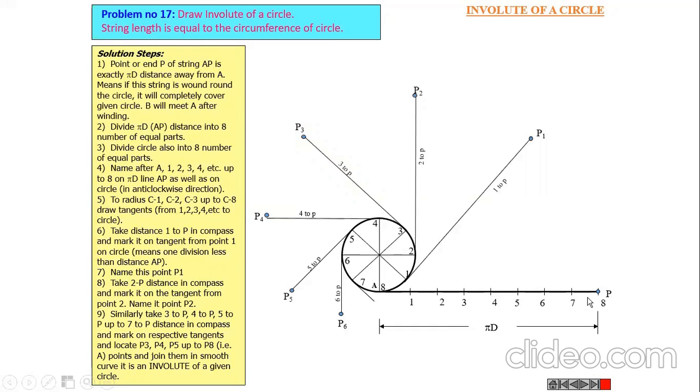Then 7 to P as a radius, 7 as a center, and intersect this tangent. I'm getting here the P7 point, and P8 is on the same point as P. Then draw a smooth curve. Join all these: P to P1, P2, P3, P4, P5, P6, P7, and P8. So this is the required involute.